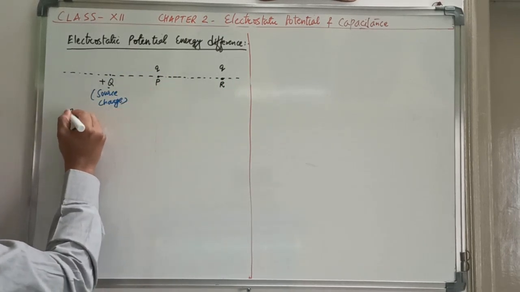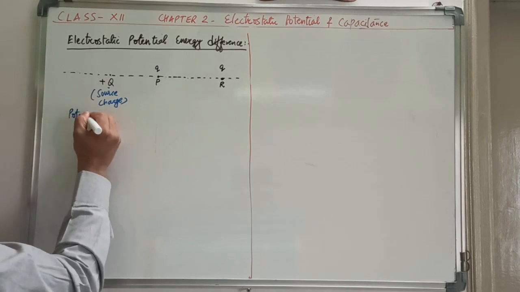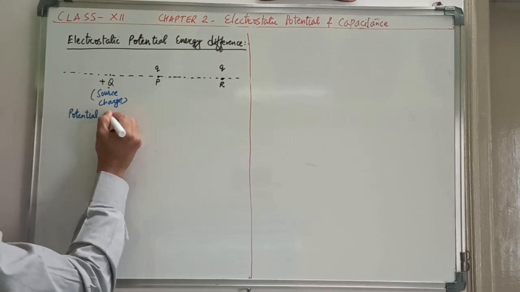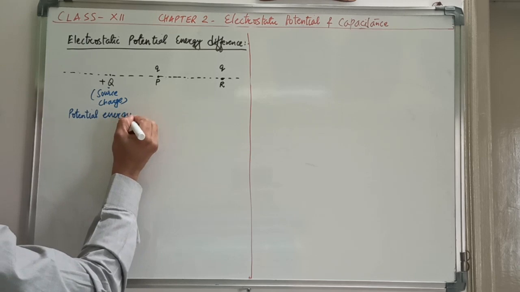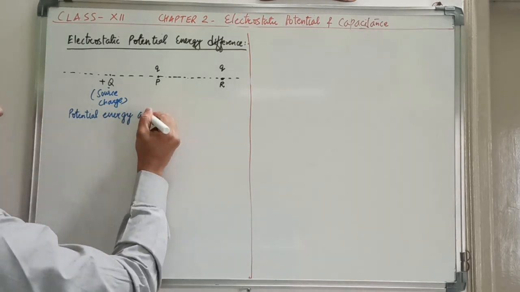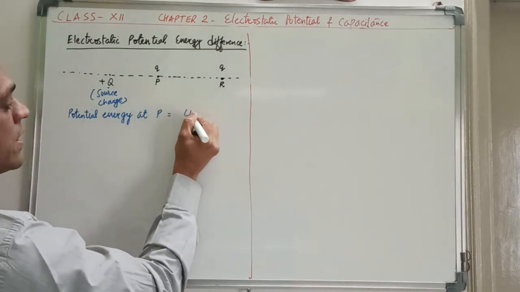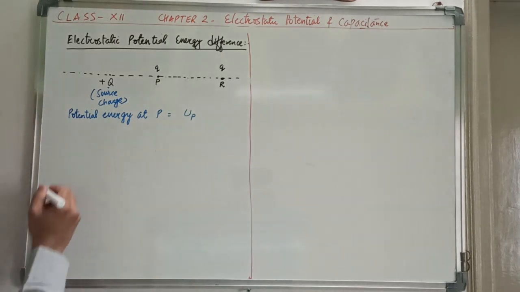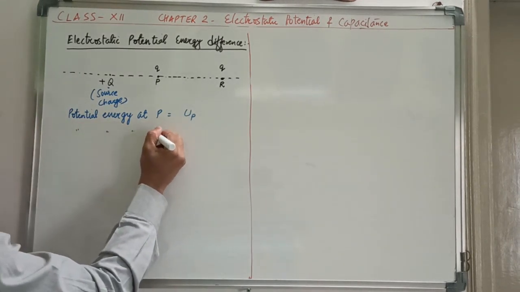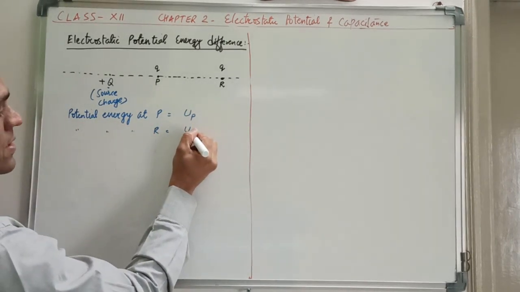Let the potential energy of the system at point P be denoted by UP, and let the potential energy at point R be denoted by UR.